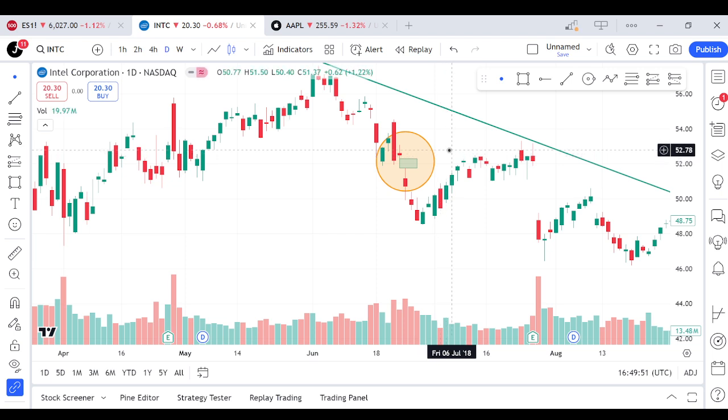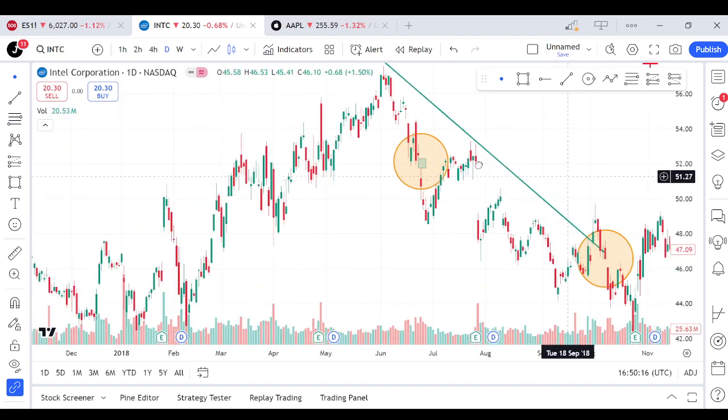So if you are a day trader or a scalper, you could just move to the lower time frames and look for opportunities to sell or to short the currency pair or the asset at that point in time, because it shows that sellers are aggressively in the market and looking to short. So this is one example.